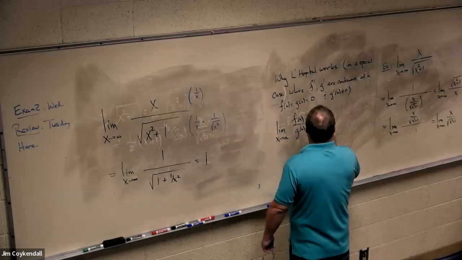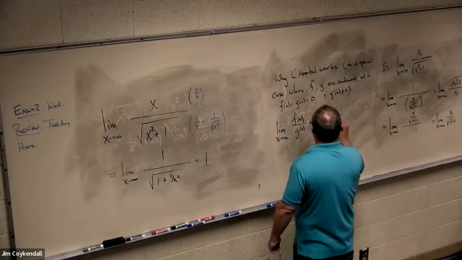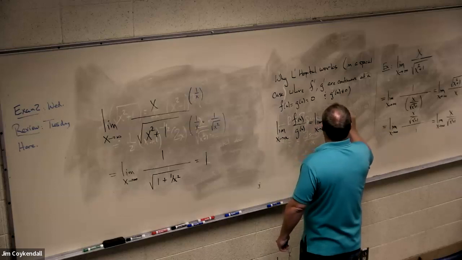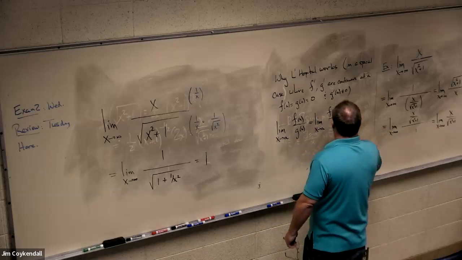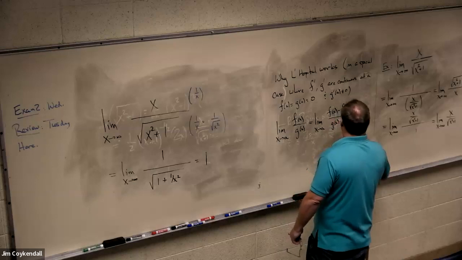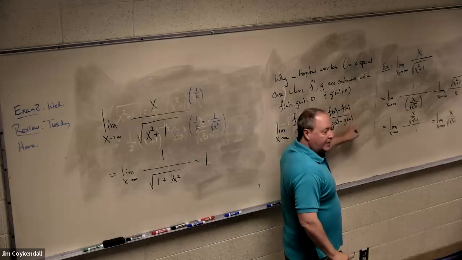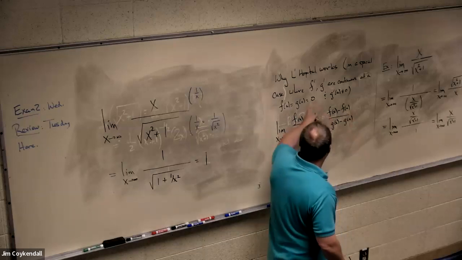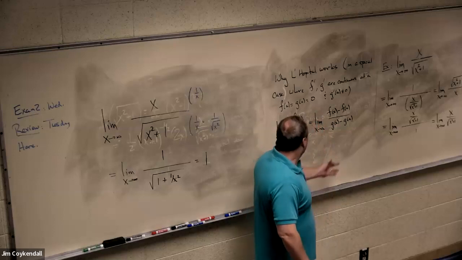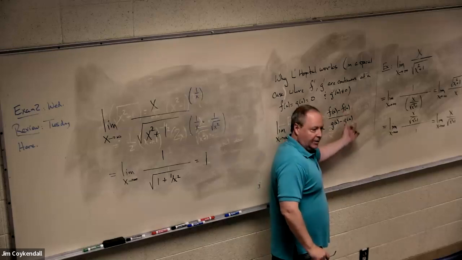Limit as x goes to a. This is the same as this, because I'm assuming both f of a and g of a are 0, right? So really, that's just a fancy way to write zeros.